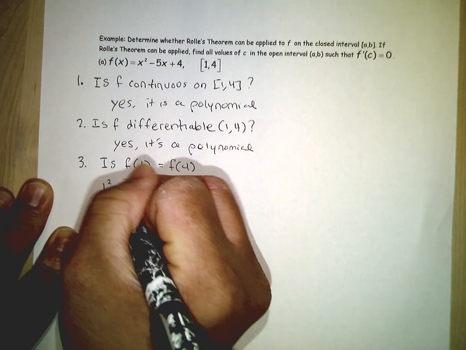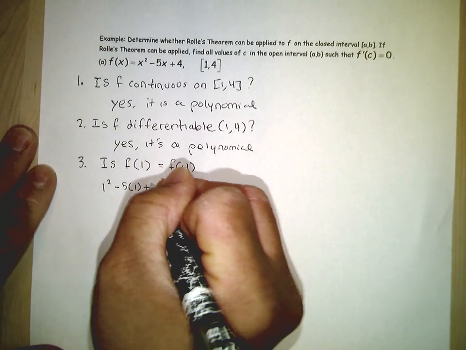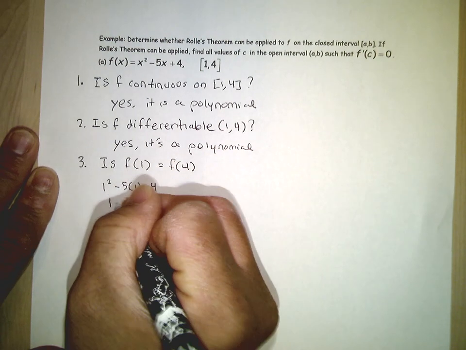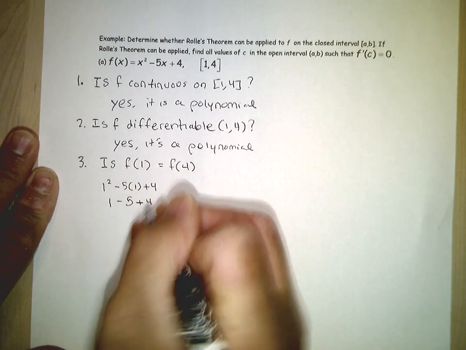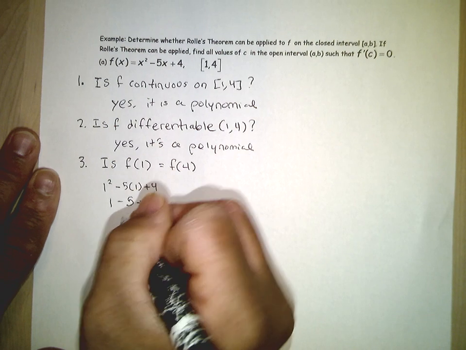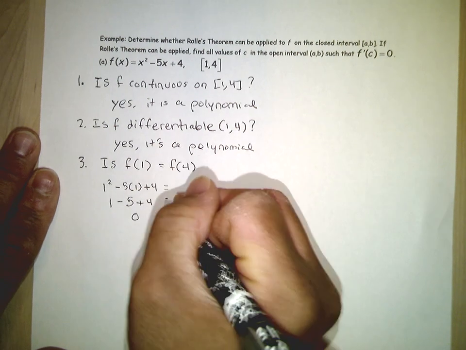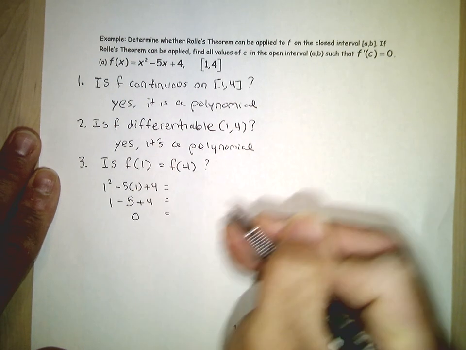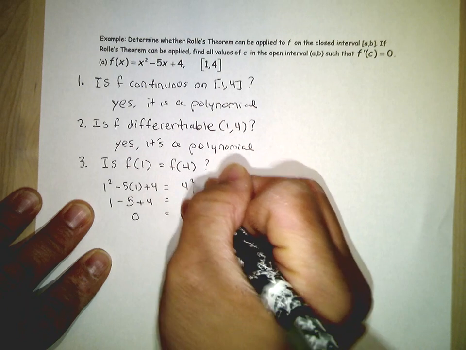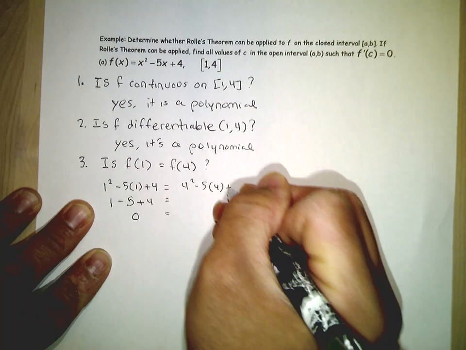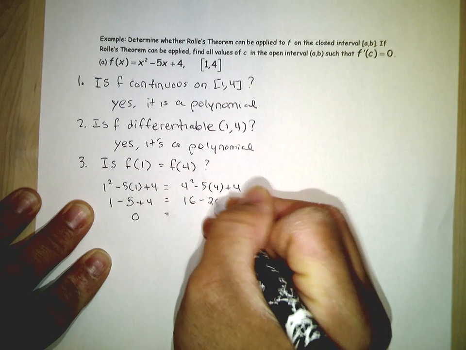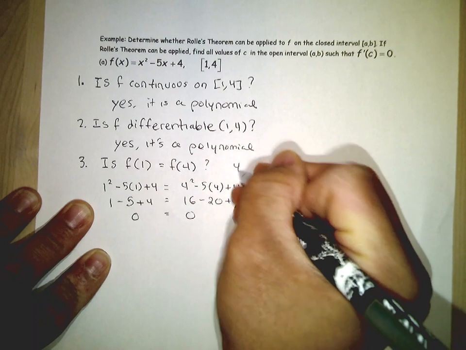Well, 1 squared minus 5 times 1 plus 4. That is 1 minus 5 plus 4. So that is 0. And f of 4 is 4 squared minus 5 times 4 plus 4, 16 minus 20 plus 4, 0. So yes.